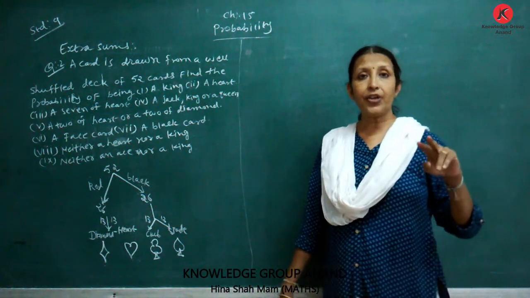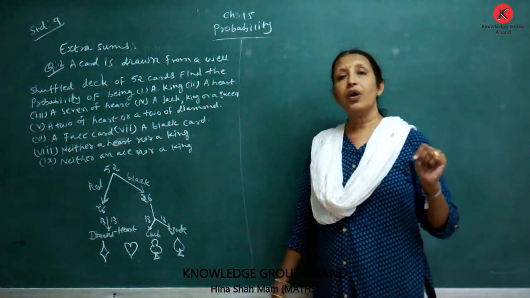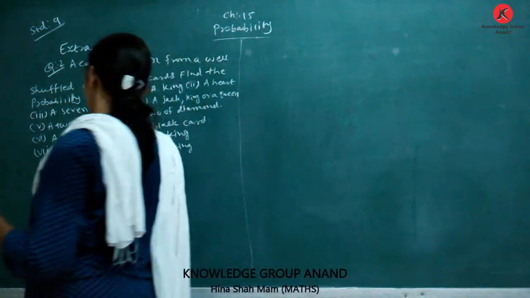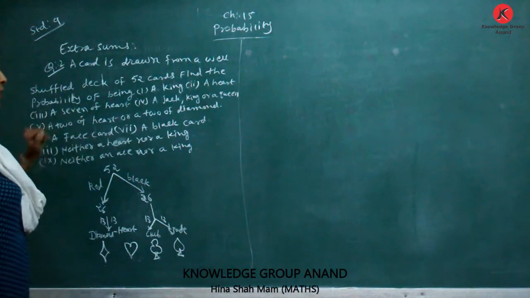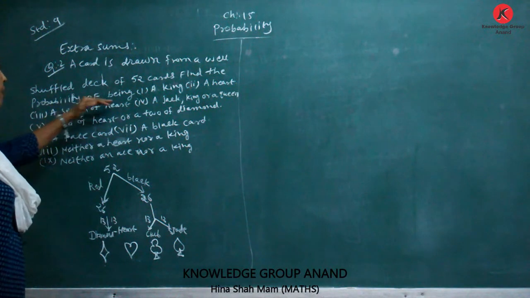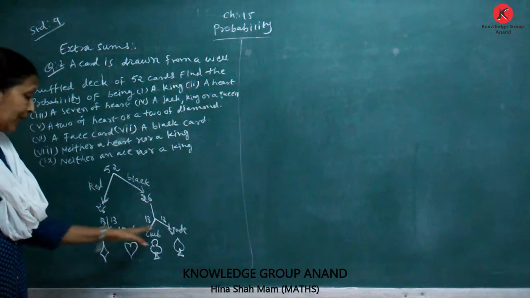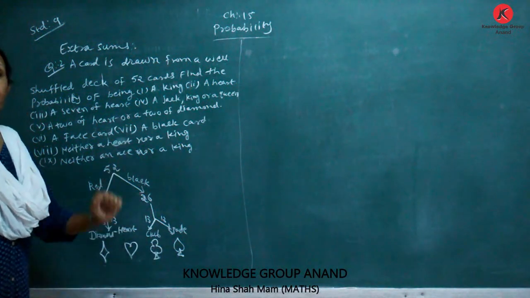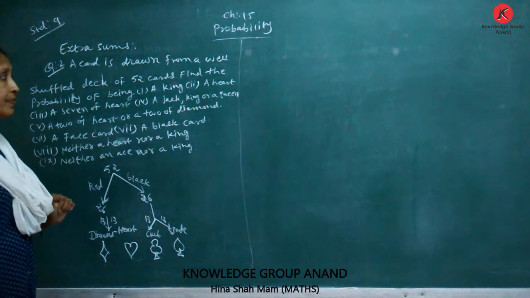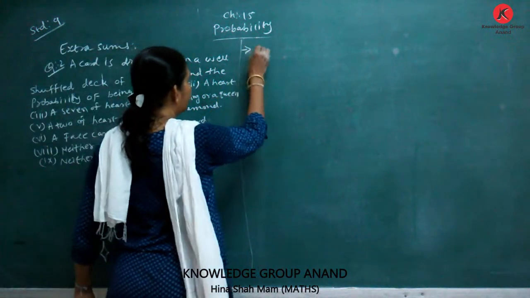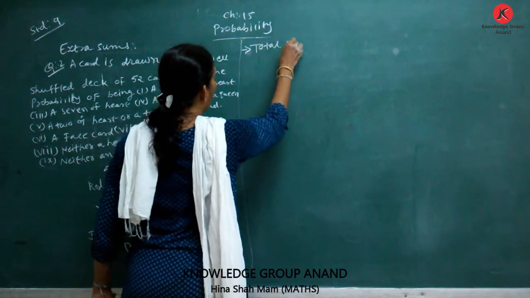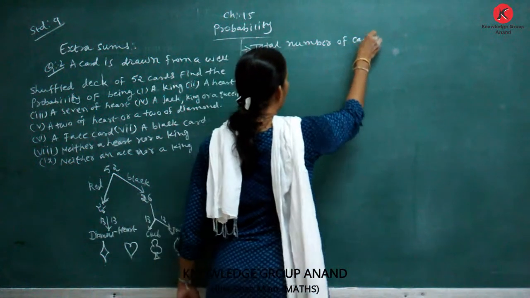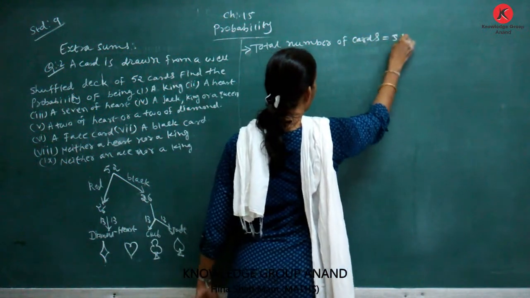How many aces? 4 aces. How many 2s? 4 twos. How many 7s? 4 sevens. How many 10s? 4 tens. Here are 52 cards. Probability of being a king. How many kings are there? Diamond king, heart king, club king, and spade king: 4 kings. Total number of cards is equal to 52.